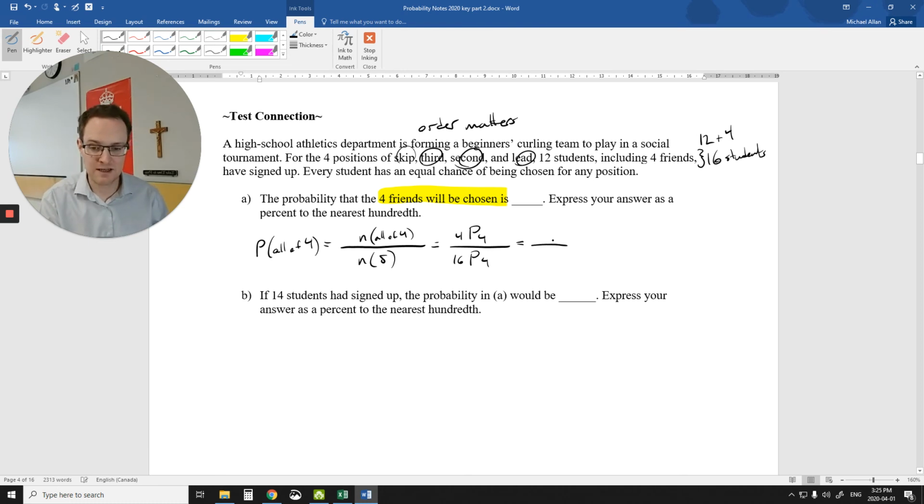So on the top here, I have 24. On the bottom here, I have 43,680. So you just punch them in your calculator. So I get 1/1,820. So remember, you can find these P buttons and these C buttons in your math on the calculator.